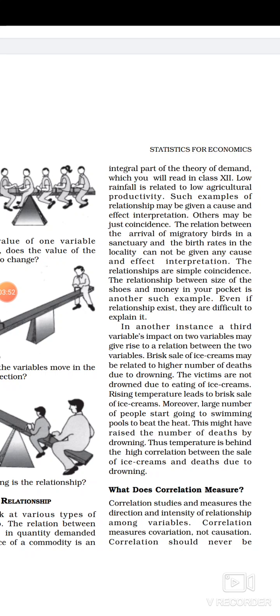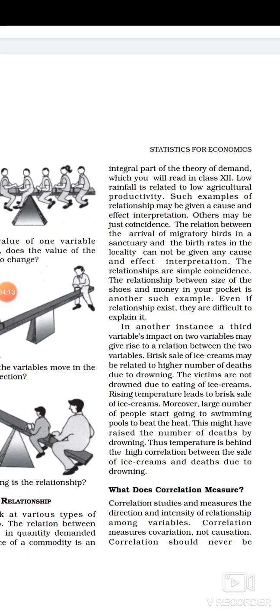Brisk sale of ice cream may be related to a high number of deaths due to drowning. The victims are not drowned due to the eating of ice creams. Rising temperature leads to brisk sale of ice creams.